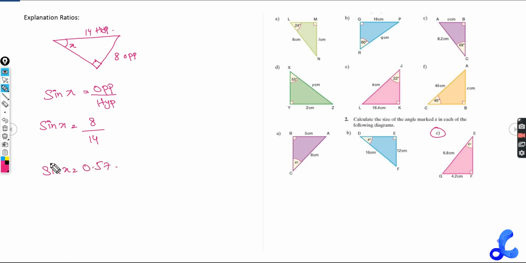But now you need to bring this sine to the other side of the equal to. Usually what we do is, if something is multiplying over here, we bring it in division. For sine, cos and tan, what we will do is x equals sine inverse 0.57.